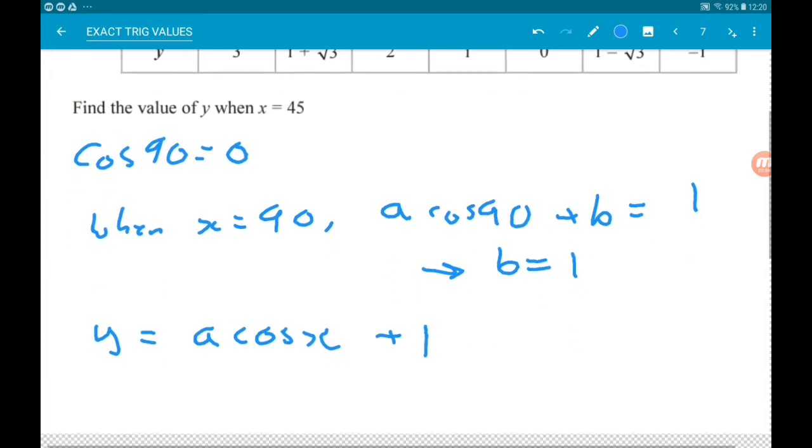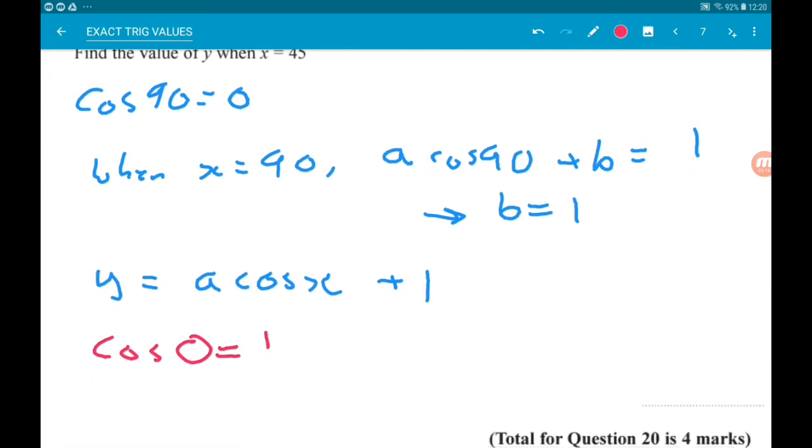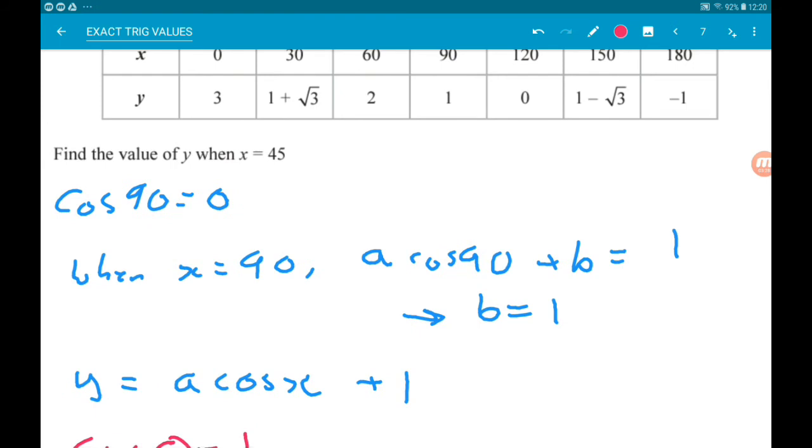So, we know cos of 0 is equal to 1, and we know when x is 0, y is 3.